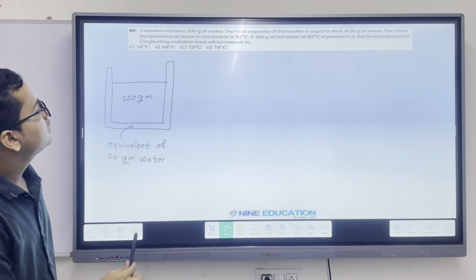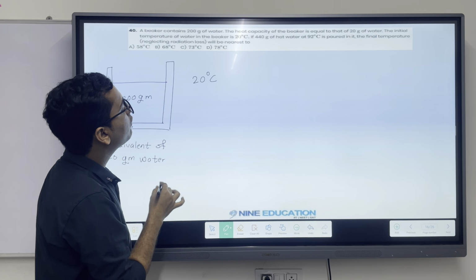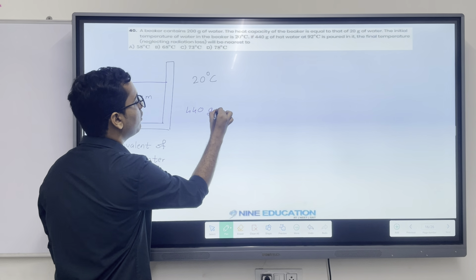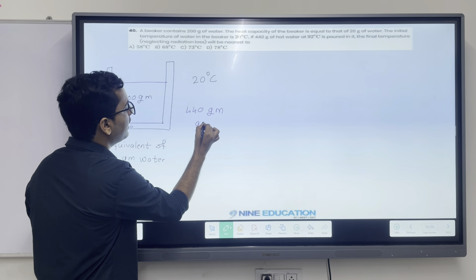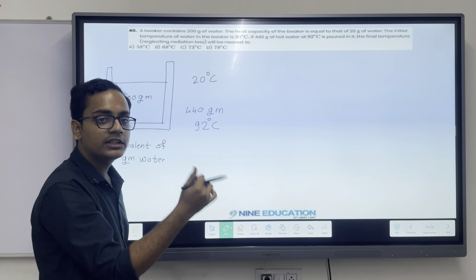Initial temperature is 20 degrees Celsius. A 440 gram of hot water at 92 degrees Celsius is poured into it. The final temperature will be nearest to?